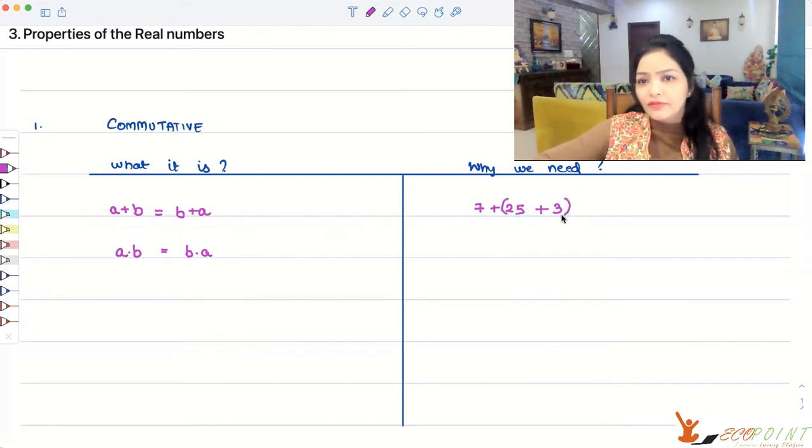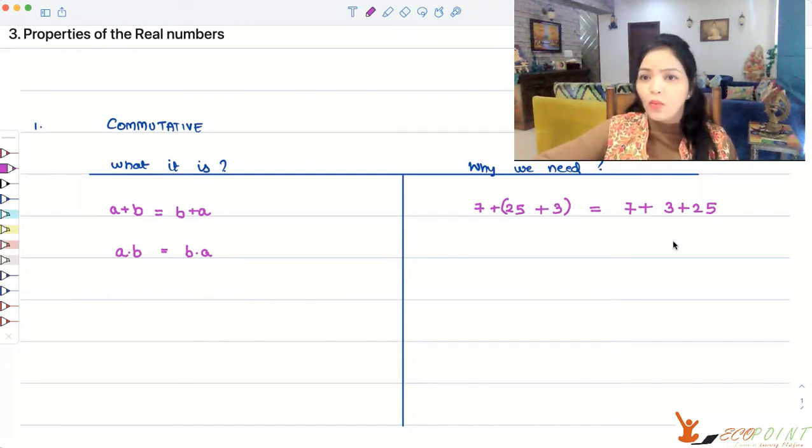Parenthesis is here, 25 plus 3. Suppose this is how you have it. Then I know by the property of commutativity that I can write 25 plus 3 as 3 plus 25.